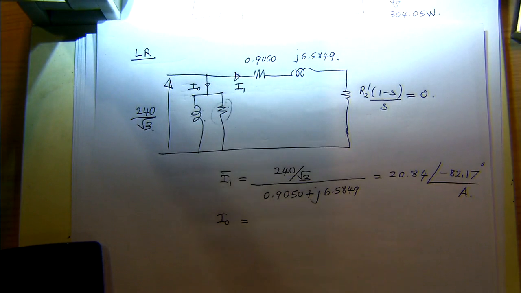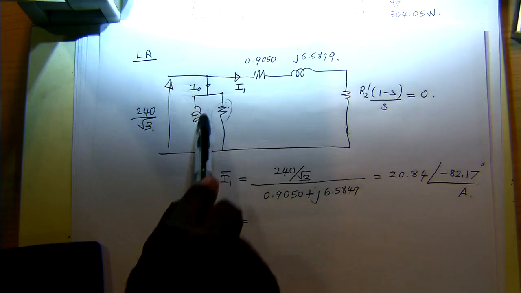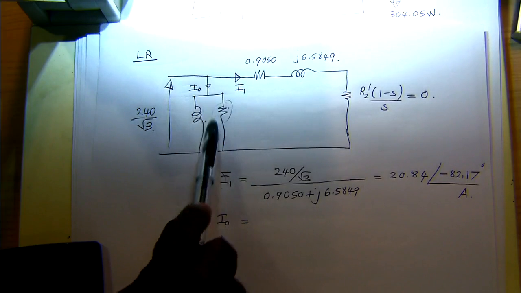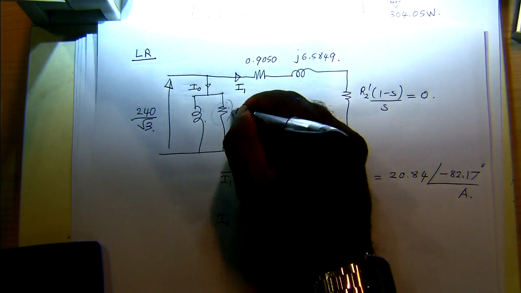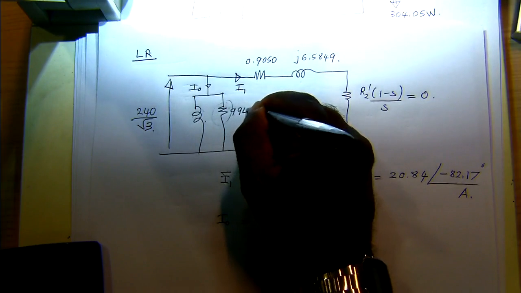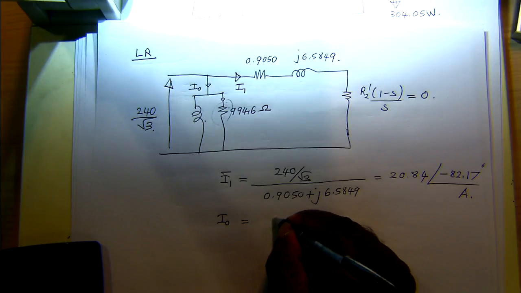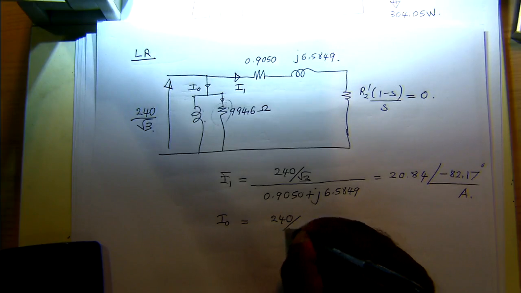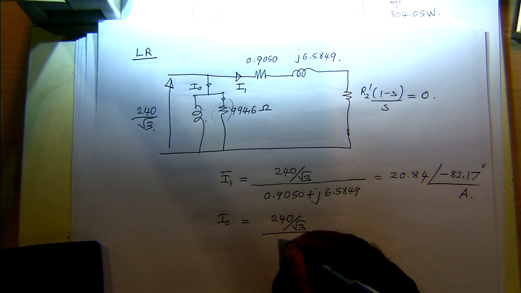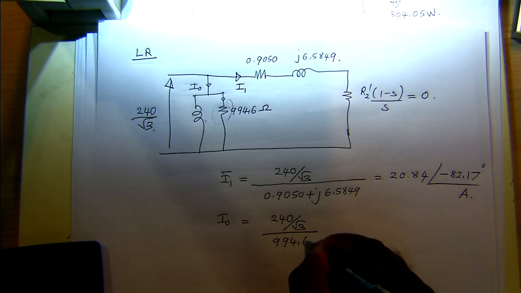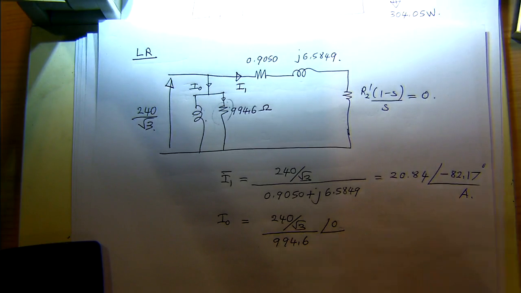So I naught will be the sum of the current through the resistive element and the reactive element. So here we have 994.6 ohm. So the current in the resistive element will be 240 over root 3 divided by 994.6, and this is phase angle 0.